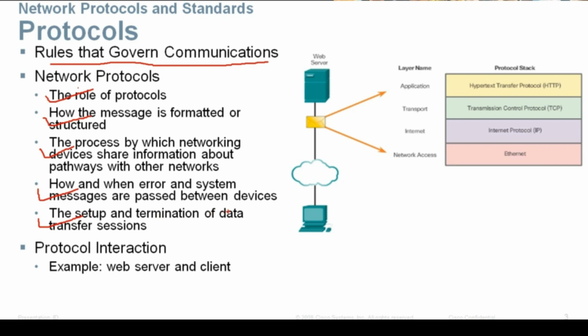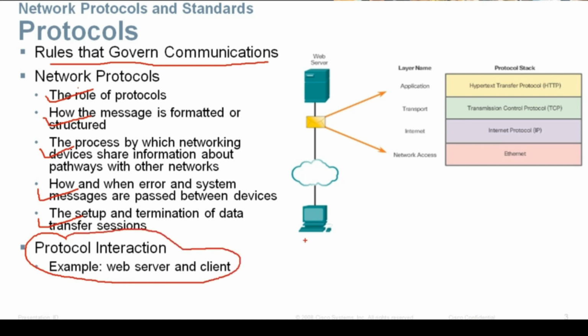So the rules are basically a copy of the human interaction rules, and all the analogies of human communication are inherited for network communication. To understand it, we take one example of a protocol interaction where we will see how a web server and client can communicate.